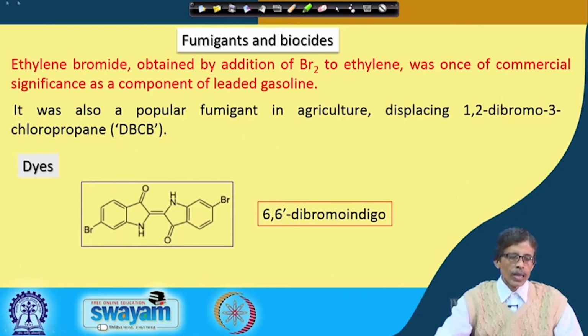So, in this particular one we have these two selective positions, and most of the time it is like the bromination of ethylene. It is a direct one: we take indigo and go for its typical bromination, that means sometimes we simply add bromine.